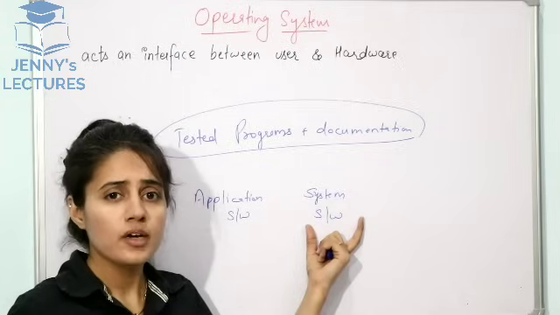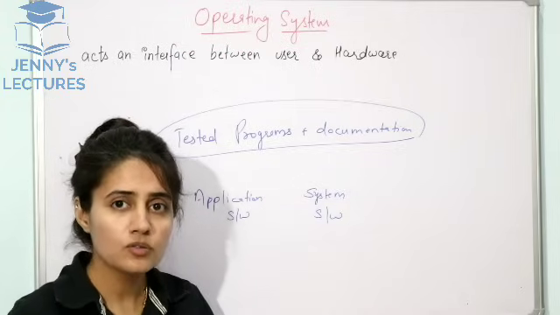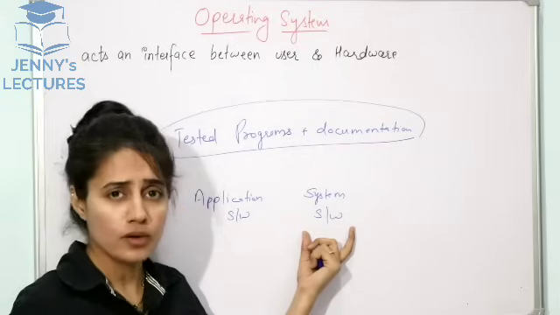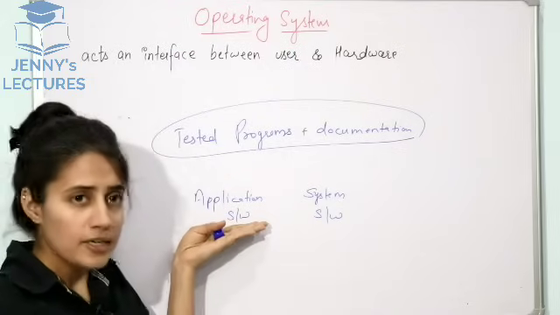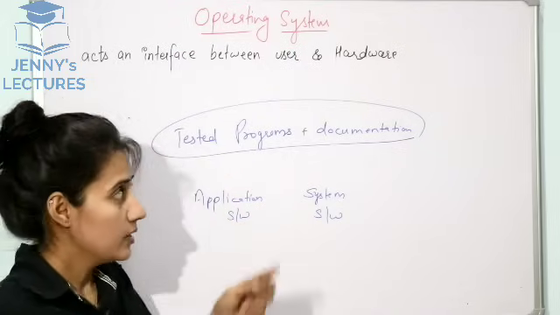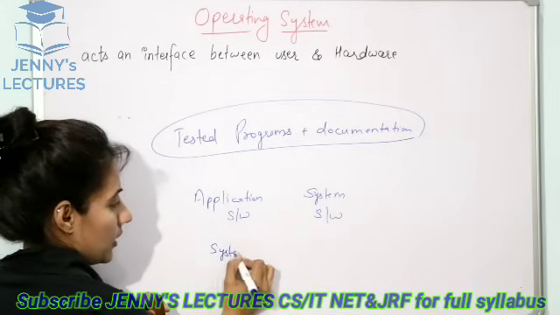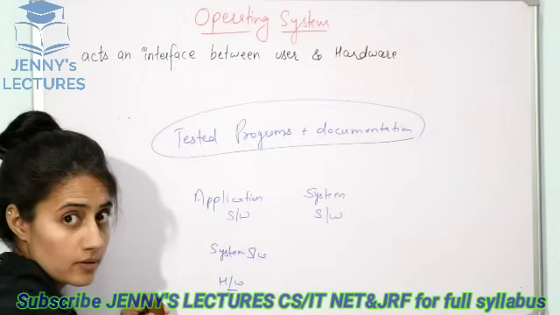System software basically operates the computer hardware, or in another term, system software provides a platform for application software to run. Here application software would be there, here system software, and then here we have computer hardware.